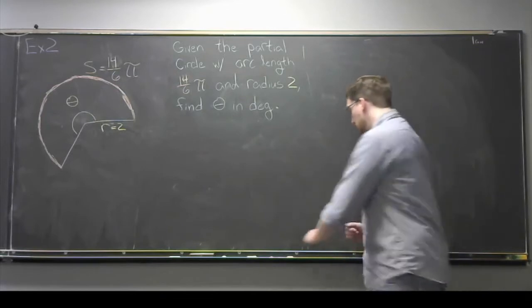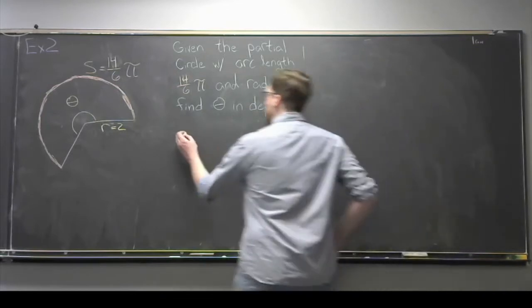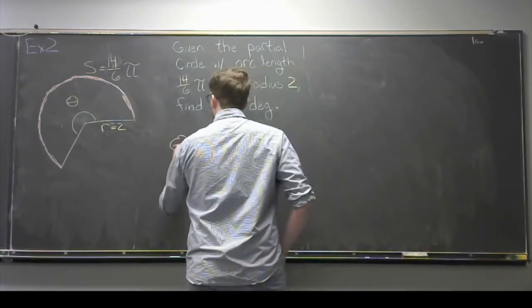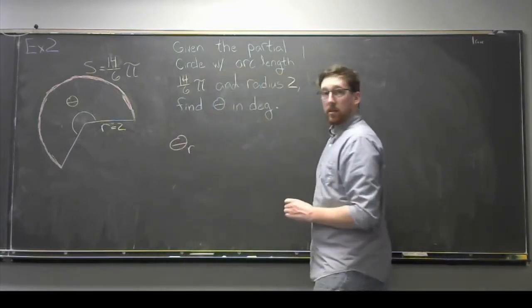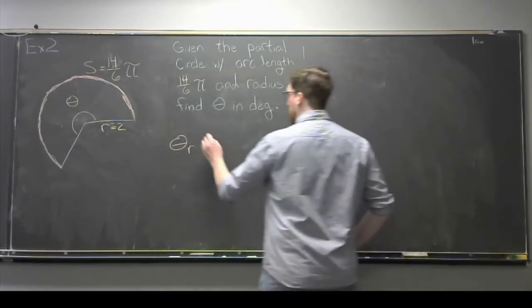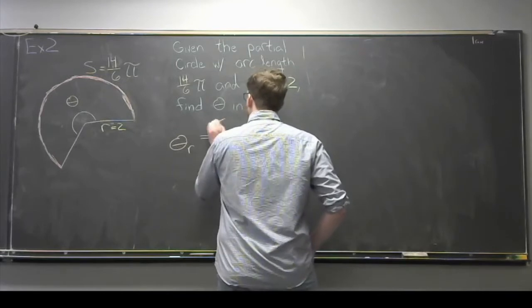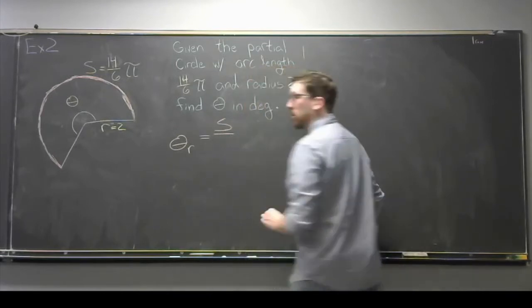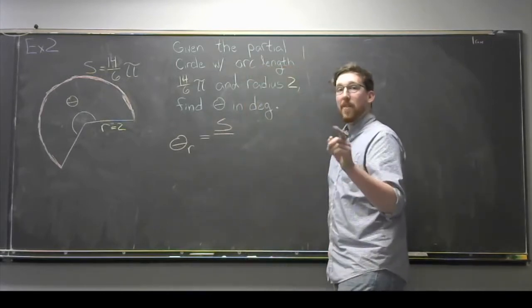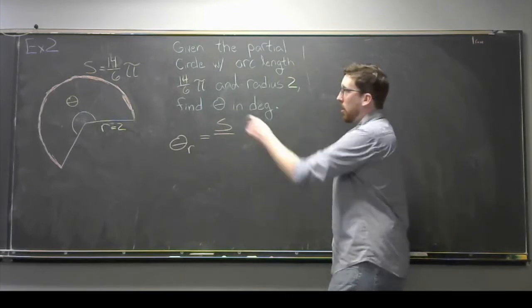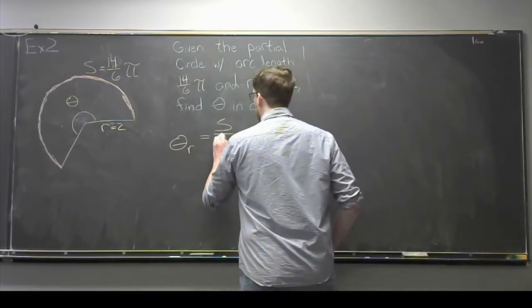That formula said that our angle in radians is equal to the arc length of our partial circle divided by the radius of that circle.